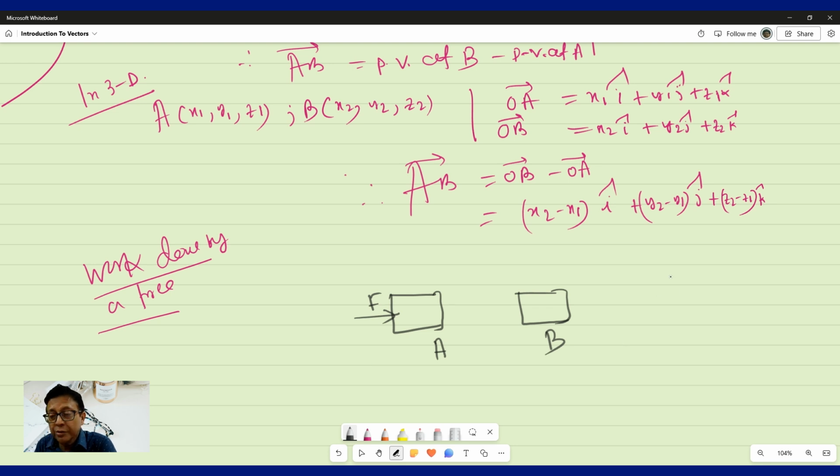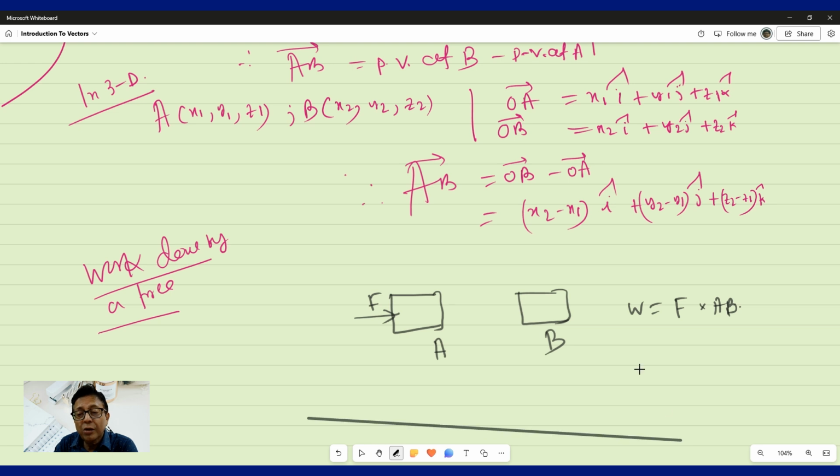W equal to F into AB simply. Vector concept is not required at all, because force is acting along displacement.